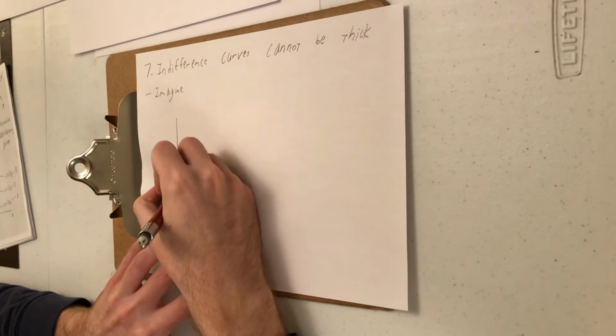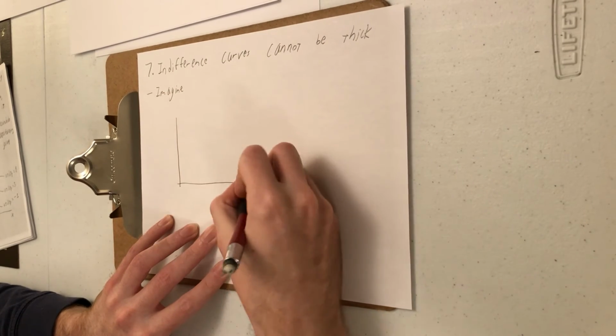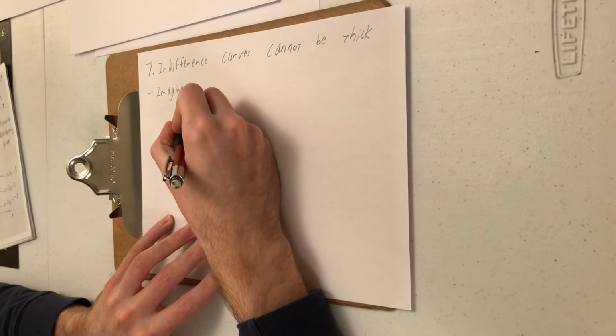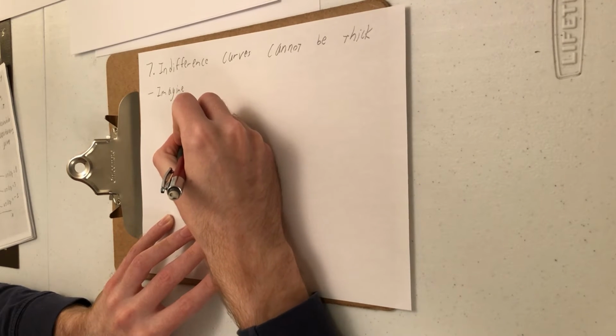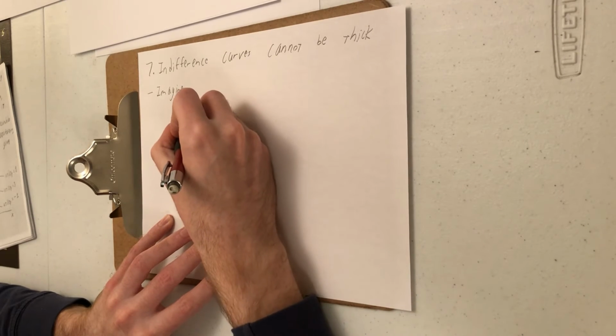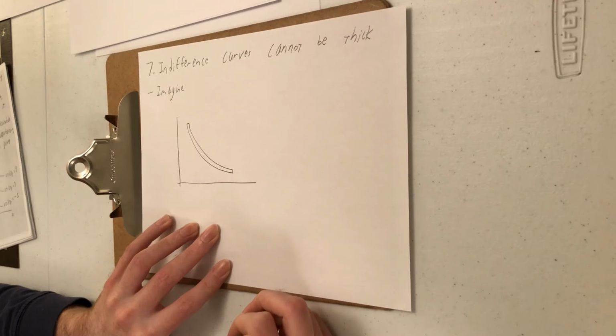So this would look something like a graph like this. So a thick indifference curve might look like this one over here, where all the points in this band are equally good.